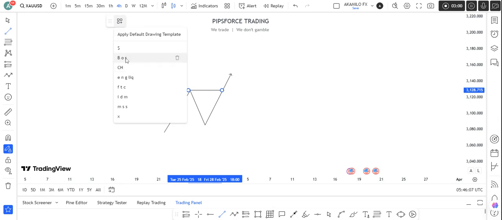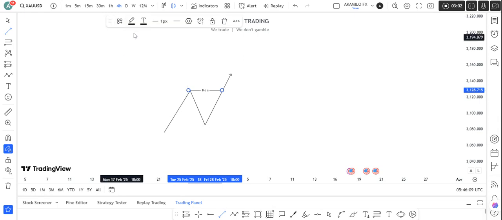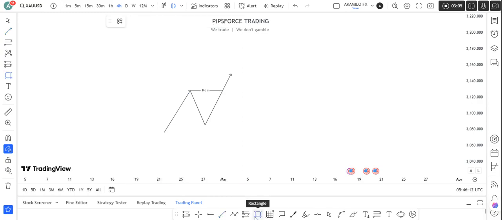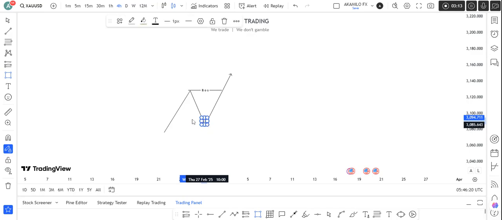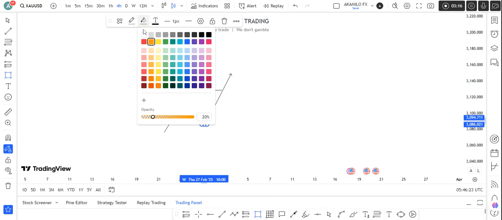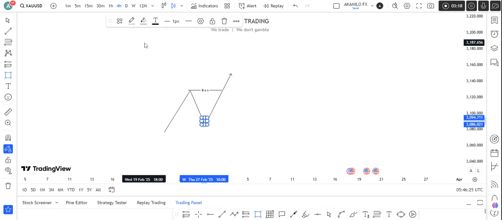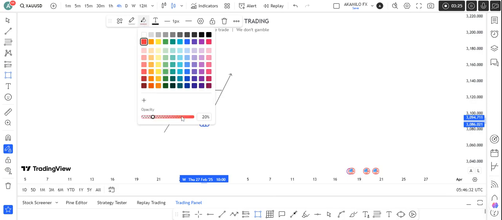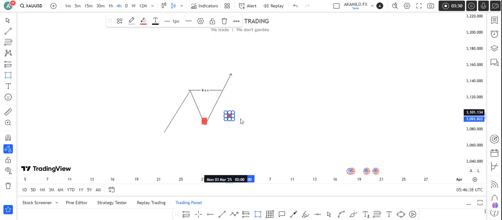And before price breaks this structure, there is an order block that is created beneath this particular low here. This order block is what we call the bullish order block. So the last bearish candle before an upward movement of price is what we call the bullish order block.